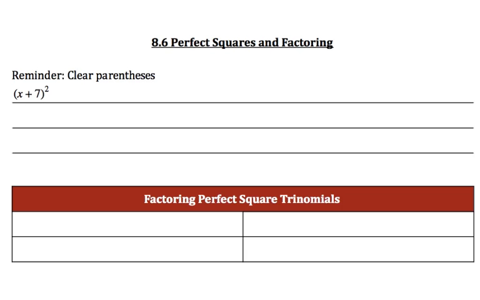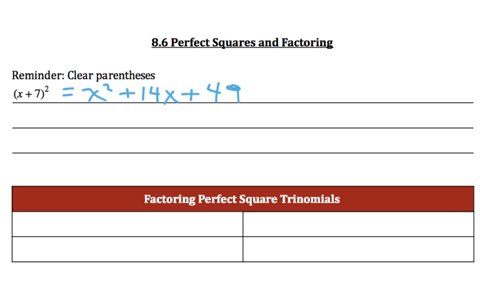The quantity x plus 7 squared ends up being x squared plus 2 times b, which is 2 times 7, so there's 14x plus 49. So what this means is there's going to be a couple things that show up when you go to factor these.